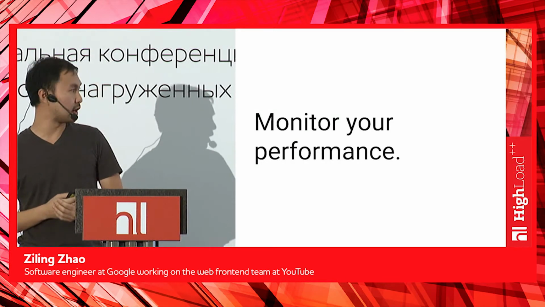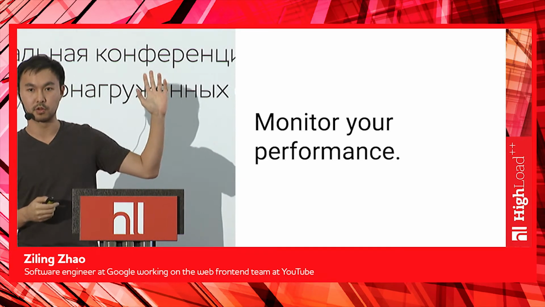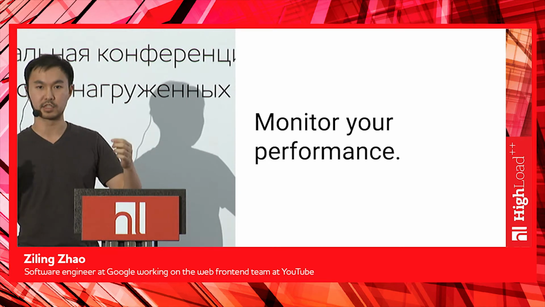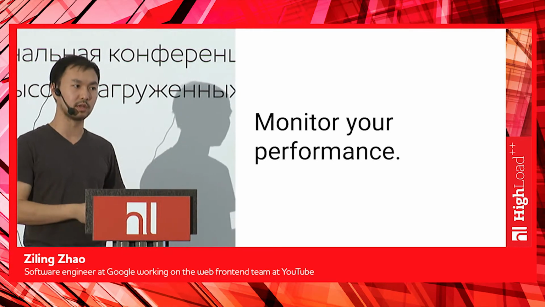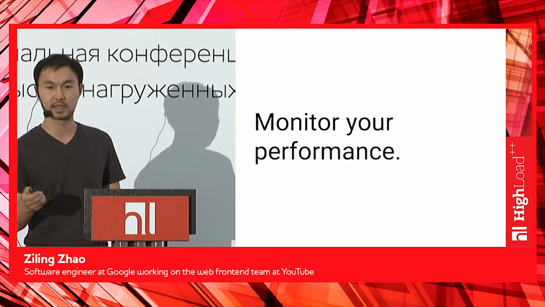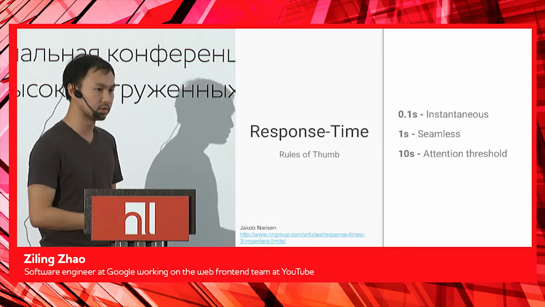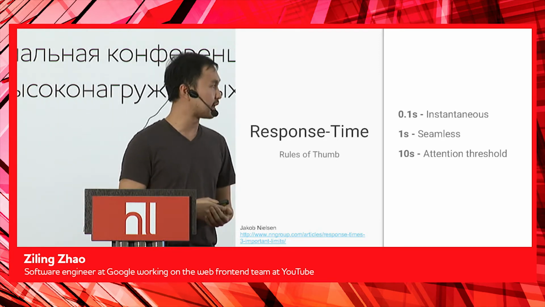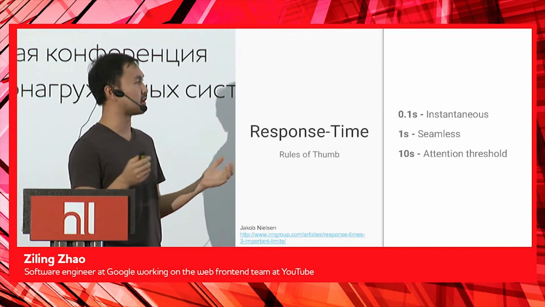A note about monitoring and performance: do this first before over-optimizing your website, because you need to know if your change actually affects the user, and depending on what the makeup of your user base is, some changes might not make sense. So this was covered earlier by Mikhail's slides. This is the general response time.